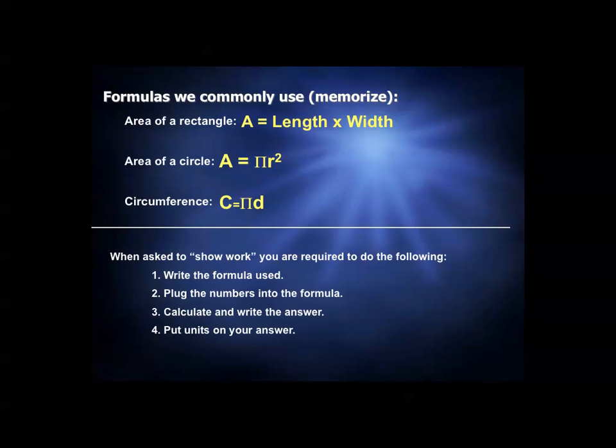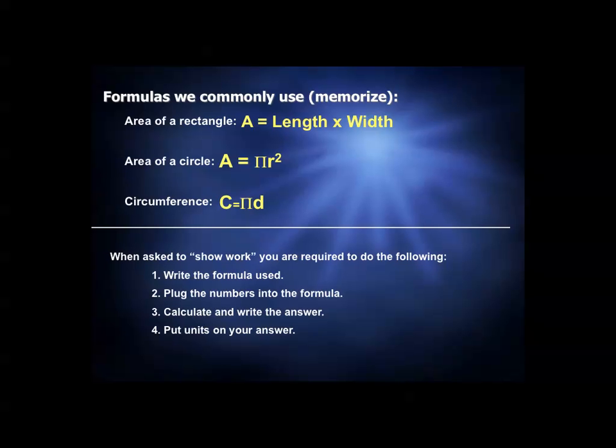So when we are calculating some of these problems, whether it's area or later on we'll get density and volume and so on, there are certain steps that we want you to follow. When you're solving a problem, the first step is you write out the formula you're going to use.